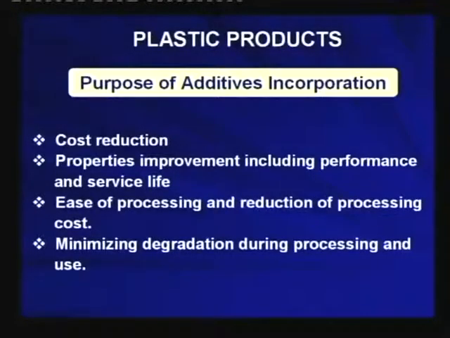Now, these words, minimizing degradation, mean that these polymers actually pass through some machineries at elevated temperatures, because you know a virgin polymer, a pure polymer, its melting point is around, suppose it is around 130 degrees or 140 degrees, then the processing temperature would be at least 170 or 180 degrees Celsius.